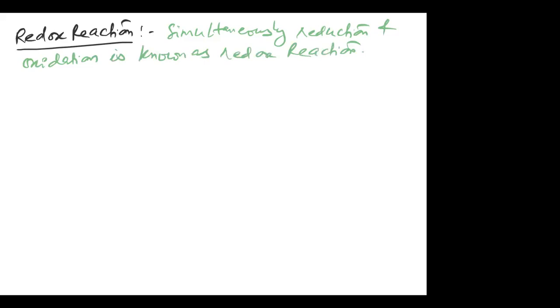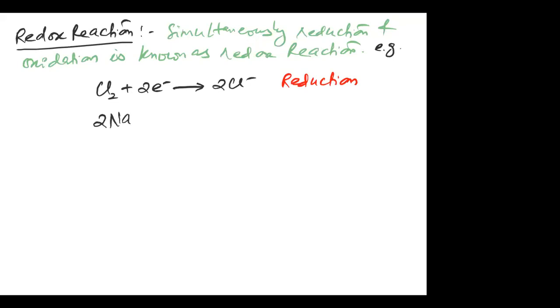For example, suppose Cl2 will gain 2 electrons and convert into 2 chloride ions. This reaction is going to be a reduction, a decrease in oxidation number of chlorine. Same, let's say 2Na converting to 2Na+ plus 2 electrons.